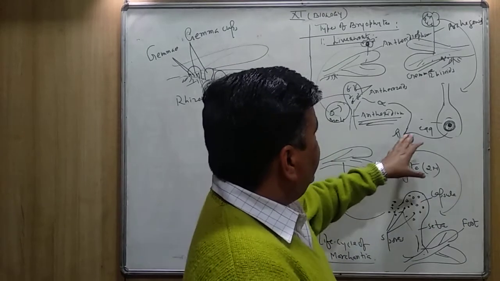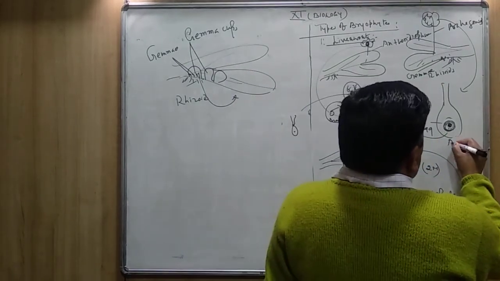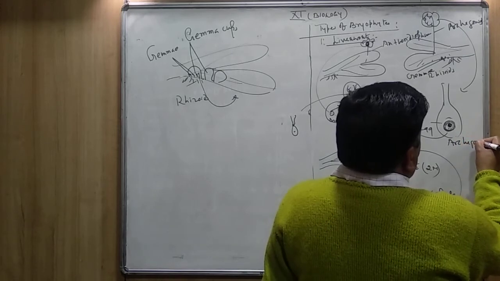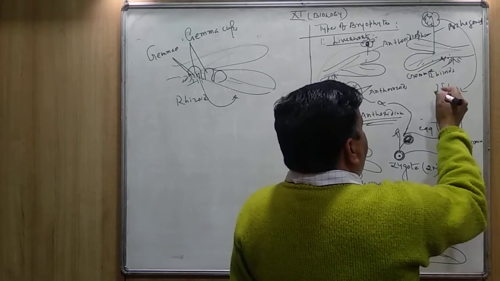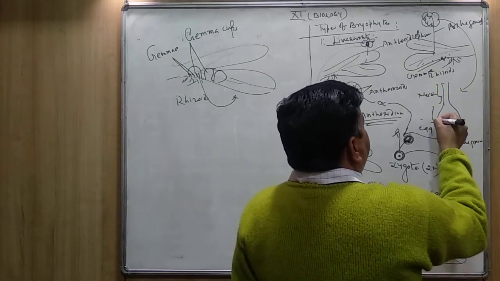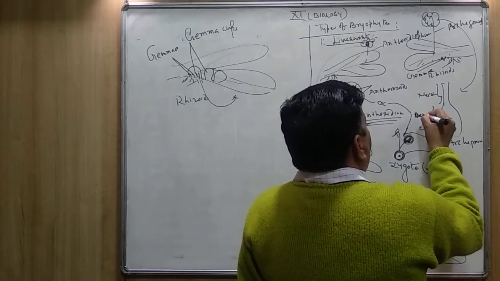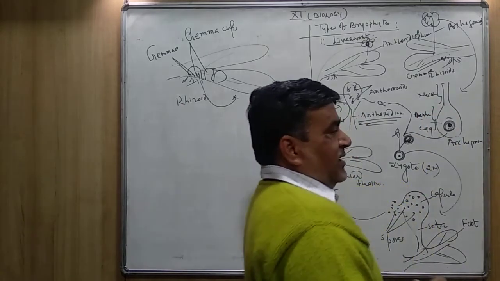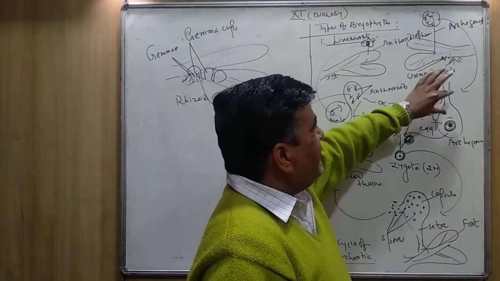And the female sex organ is called archegonium. The archegonium actually has two parts. The upper part is called neck, and the basal part is called venter. Not given in detail in class 11, but two parts are there, the neck and venter.